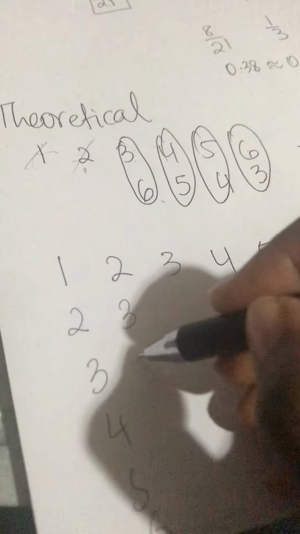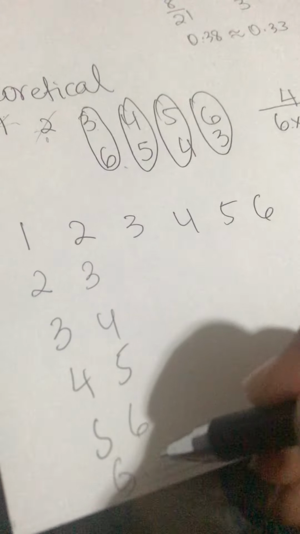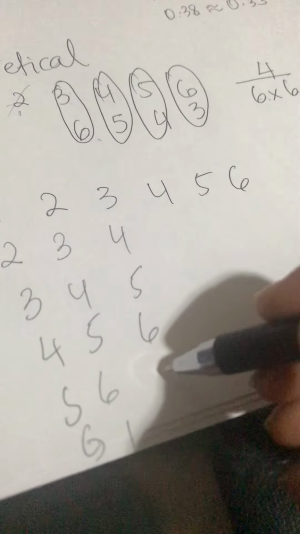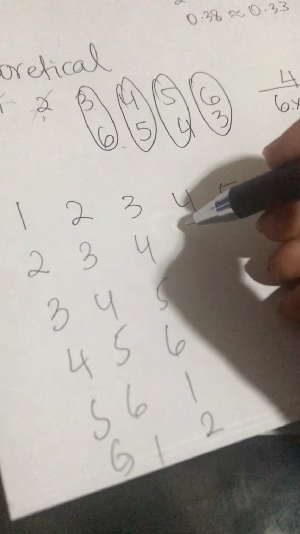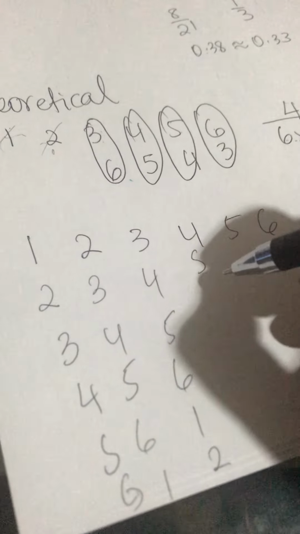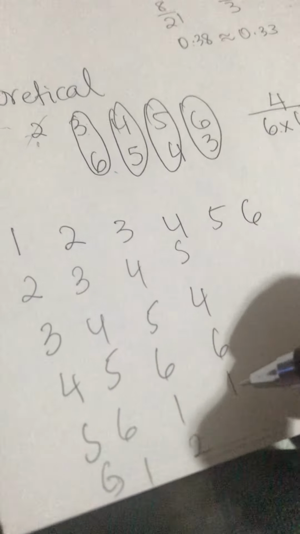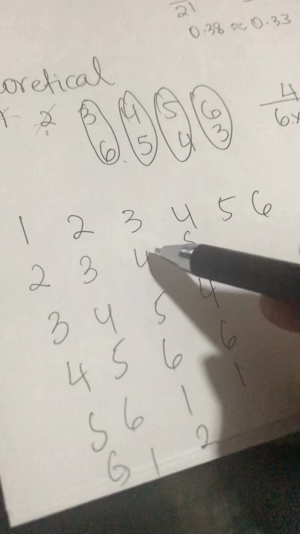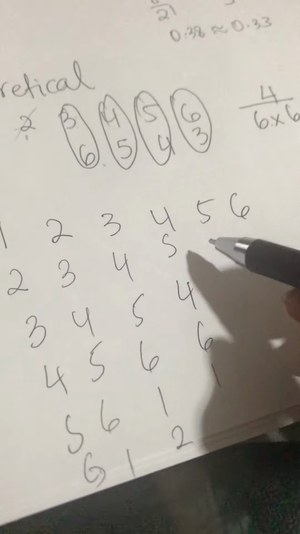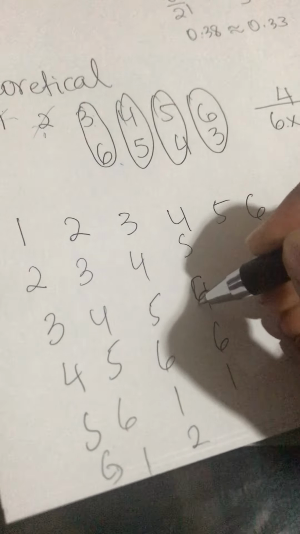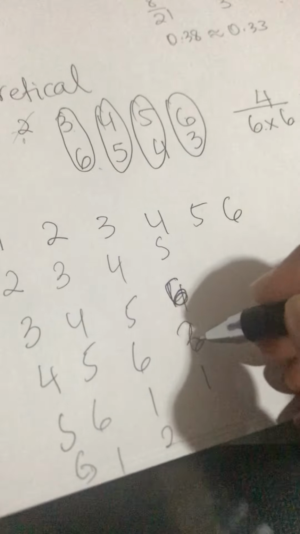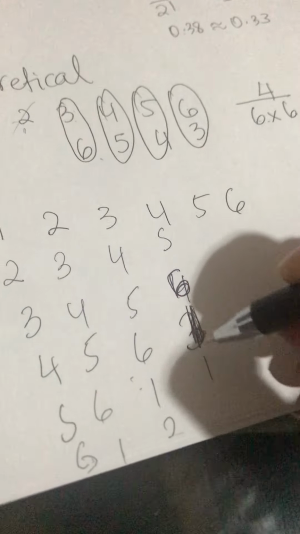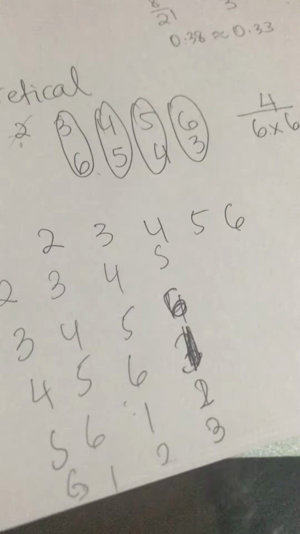So here you get 3, 4, 5, 6, 1, 4, 5, 6, 1, 2. Here you get 5, 4, 6, 1. And here, 5, 6, 1, 2, and then 3.